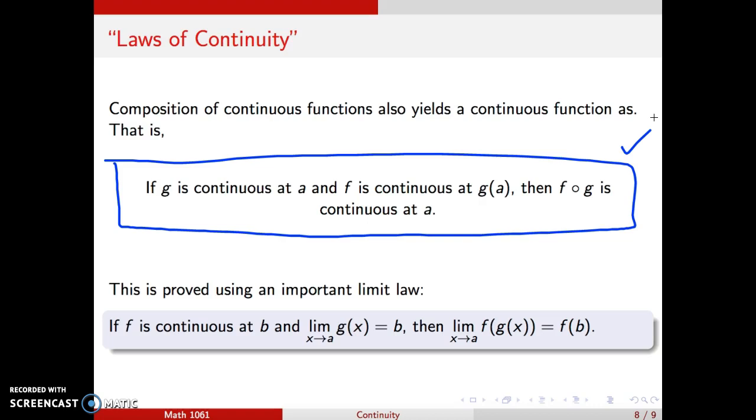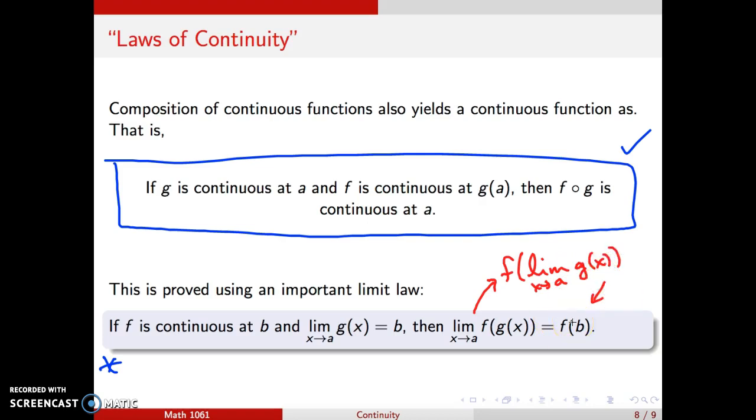And just as a side note, I wanted to mention, this is an important one. It's proved using a limit law. We're not going to go through the proof, but this says that if f is continuous at b and the limit of g of x as x approaches a is b, then the limit of f composed with g of x as x approaches a is f of b. And if you like, there's maybe an in-between here. You could say this is f of that limit, and then go to that equality there.